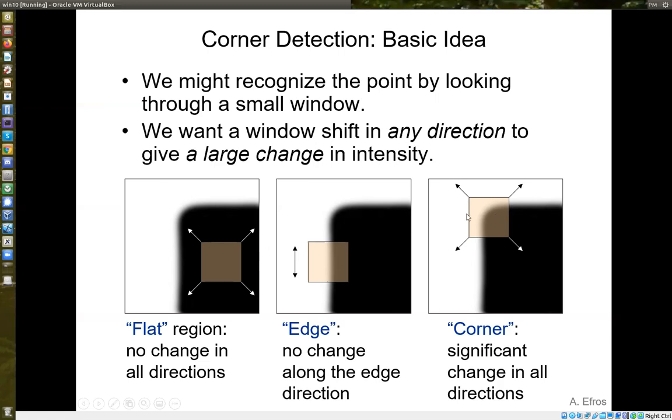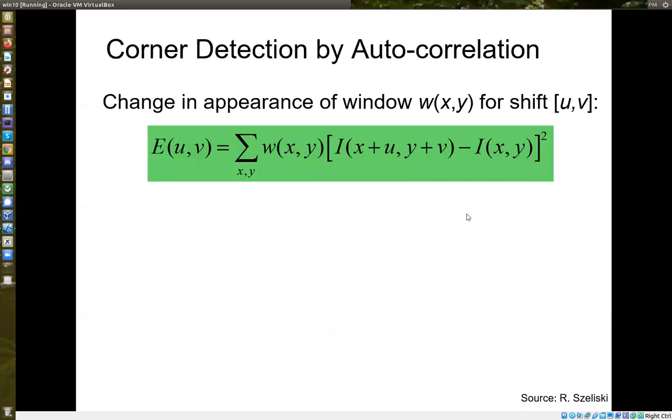So I can use this to quantify whether somewhere is likely to be a corner or not. I can define some cornerness function, and if this cornerness function is big, then that would be a corner. That will be the main idea here.